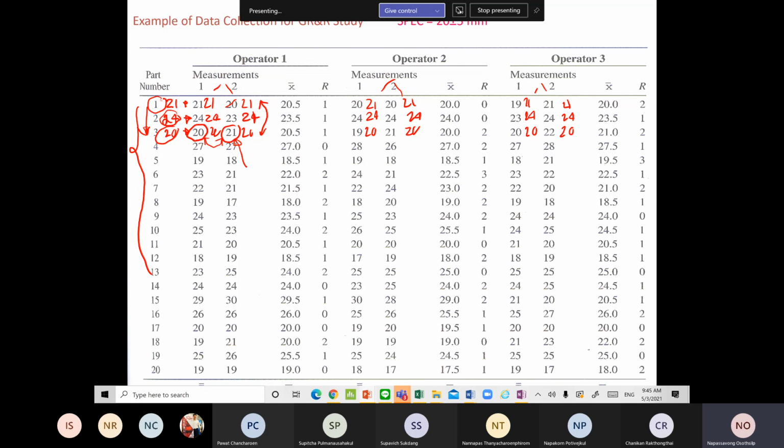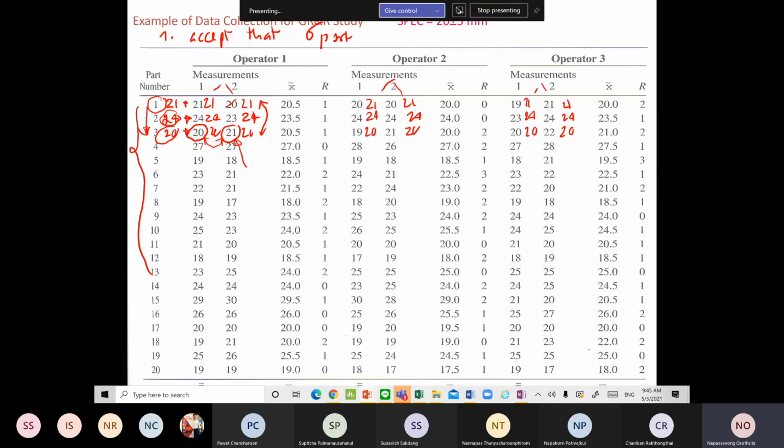That is what we want. So when we do measurement system analysis, we have to set our mind like this. First, we have to accept that there is a variation among the parts.